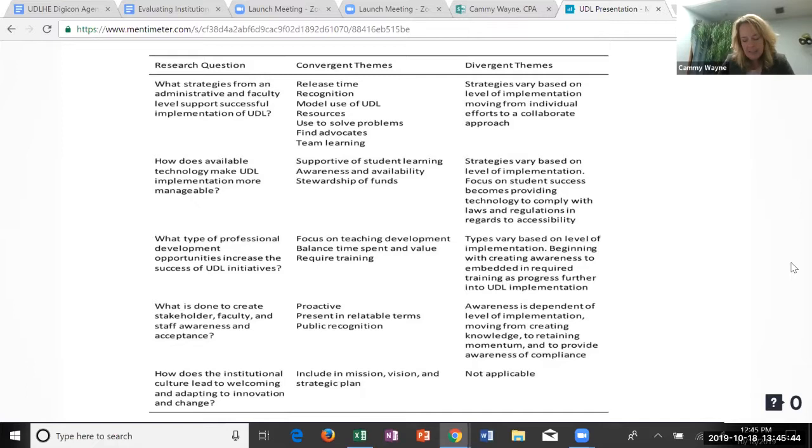As far as technology, we need to make sure that it supports UDL. So any technology approval should make sure that we're using it for the right purpose. As far as professional development, we need to make sure we're balancing between time spent and value added. So make sure that faculty recognize the value in the implementation of UDL.